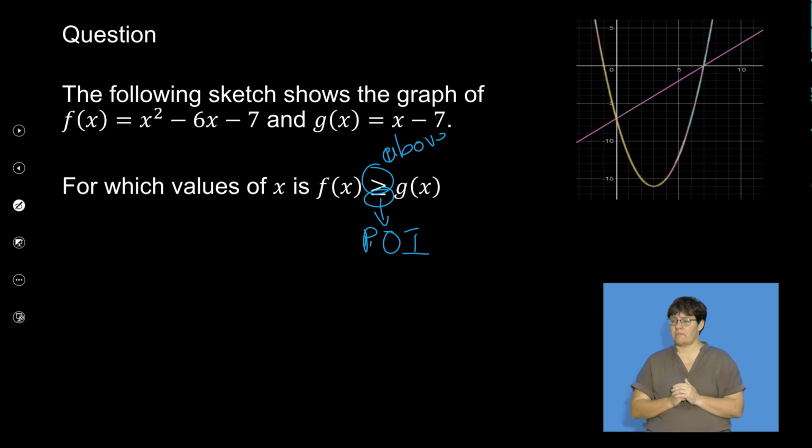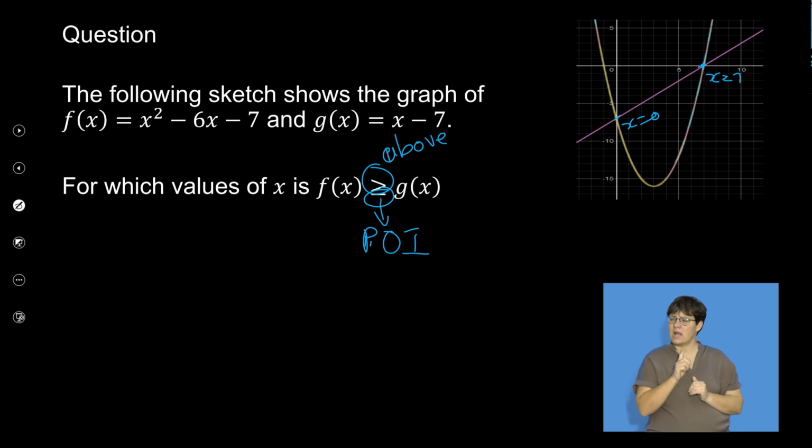Above this one. Now, where is the graph, number one, above the other graph, meaning f is above g, and also where are they intersecting with one another? So you can see they're intersecting there, they're intersecting there, right? So that's at x equal to 0, and that's at x equals 7.